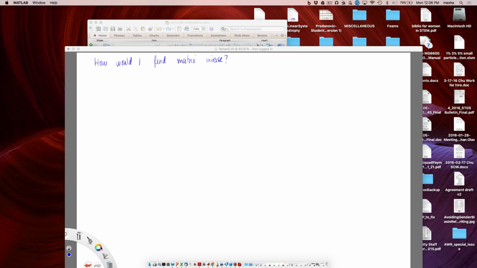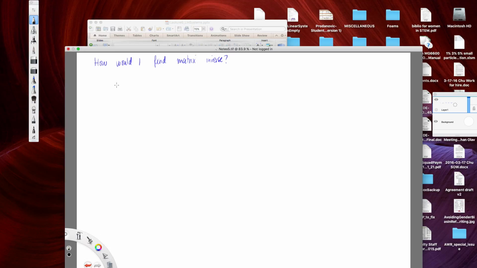So what I'm really looking for is a matrix such that A times A inverse is equal to the identity matrix. And I'm going to write A as A11, A12, A13, A21, A22, A23, A31, A32, A33.